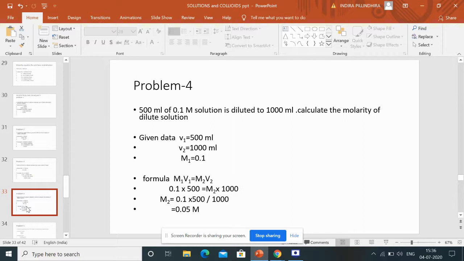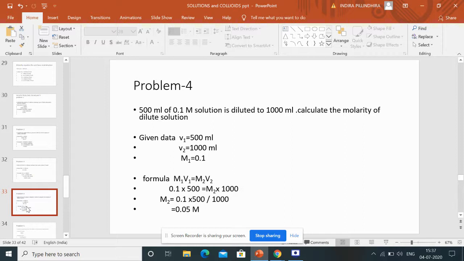Here, after writing the data, it is very clearly understood that this is a problem based on dilution. Okay, because two volumes are given. One is 500 ml and another one is 1000 ml. So it is very clear that 500 ml is before dilution and 1000 ml is after dilution. So V1 is 500 ml, V2 is 1000 ml, and initial molarity is 0.1.